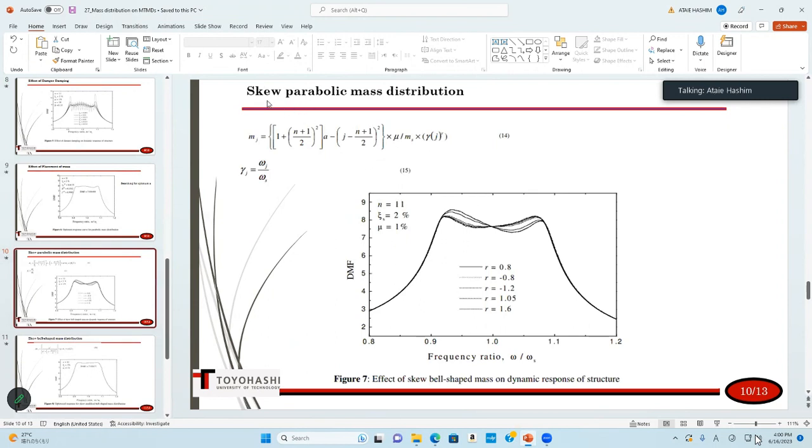And also they modified that formula again and used a parabolic mass distribution.